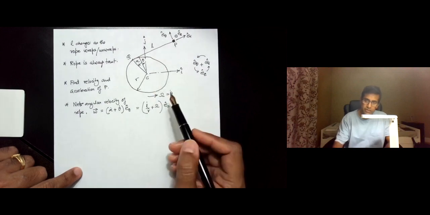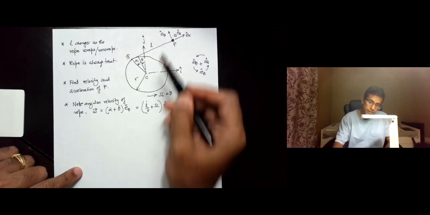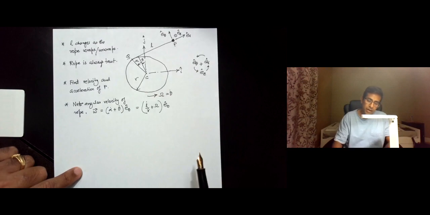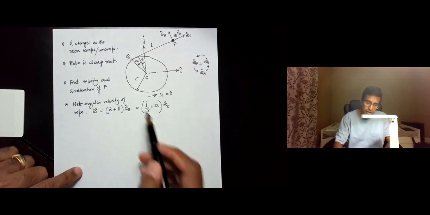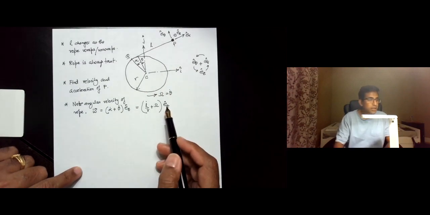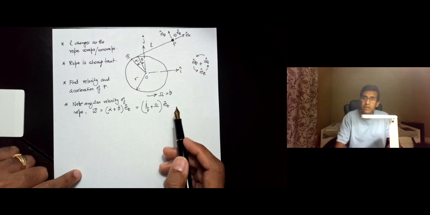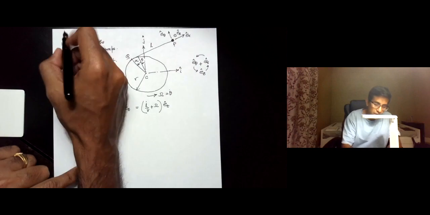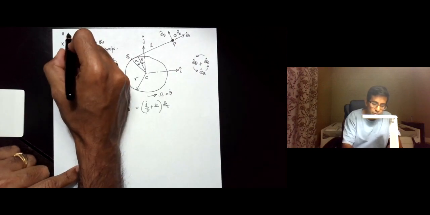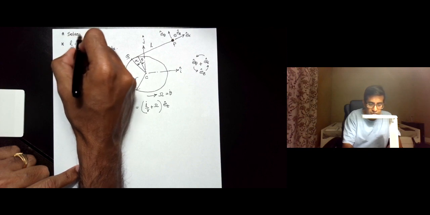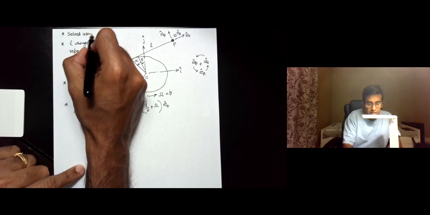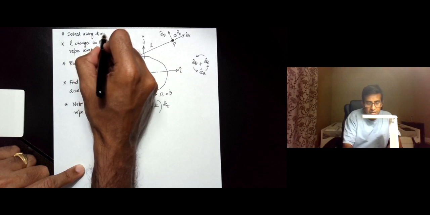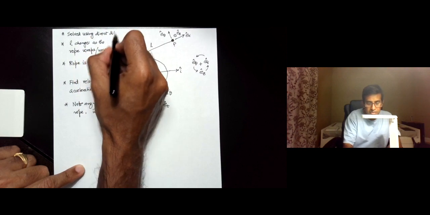One is the rotation of the disk, and the other is the wrapping and unwrapping of this taut rope. So this was an angular velocity expression that we had calculated in our previous approach. Let me just clarify that this is going to be solved using direct differentiation.